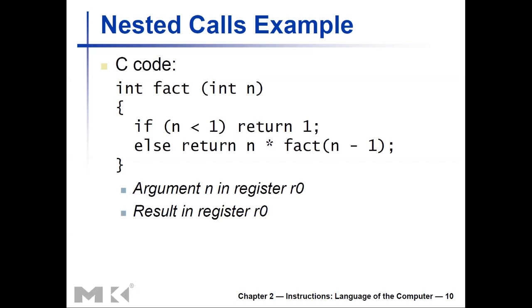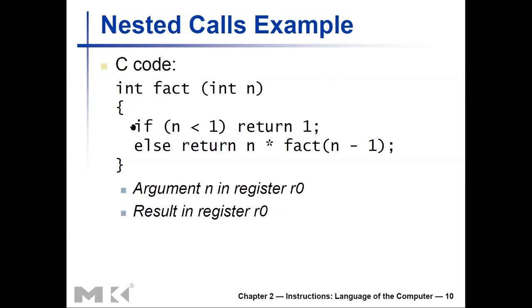So the argument n, we are putting it in register R0. When it comes to the factorial function, the argument is put in register R0, and the result, again, you should put back in R0.